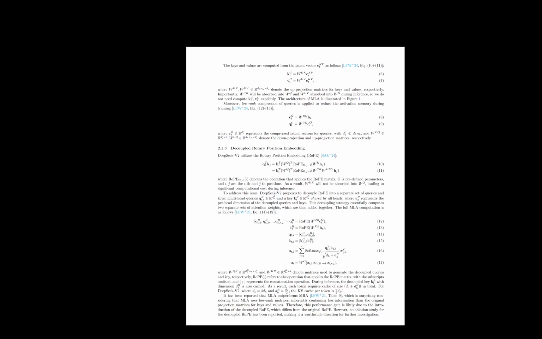2.1.3 Decoupled rotary position embedding. DeepSeek-V2 utilizes the rotary position embedding RoPE [SAL+24]: q_i^T k_j = h_i^T W^Q^T RoPE(θ, j−i) W^K h_j (10) = h_i^T W^Q^T RoPE(θ, j−i) W^UK W^DKV h_j (11), where RoPE(θ, j−i) denotes the operation that applies the RoPE matrix, θ is predefined parameters, and i, j are the i-th and j-th positions.